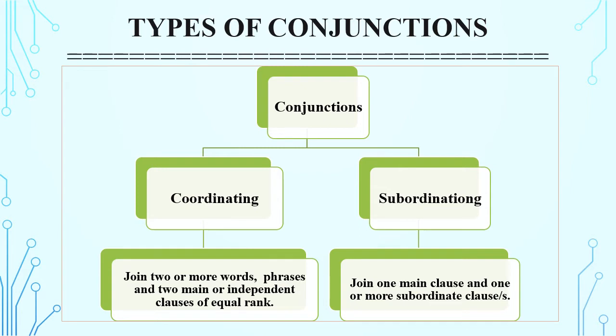To complete the meaning, it needs more information in the form of an independent clause. So, a dependent or subordinate clause cannot stand on its own as a sentence. It depends on an independent clause to form a meaningful sentence.